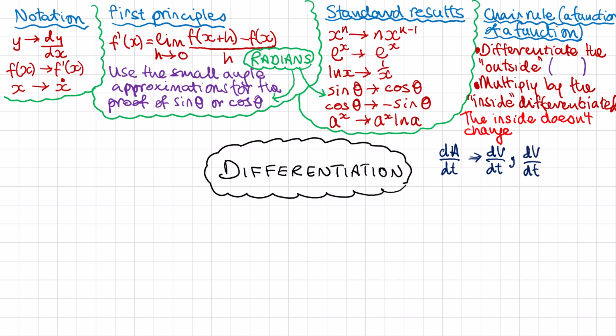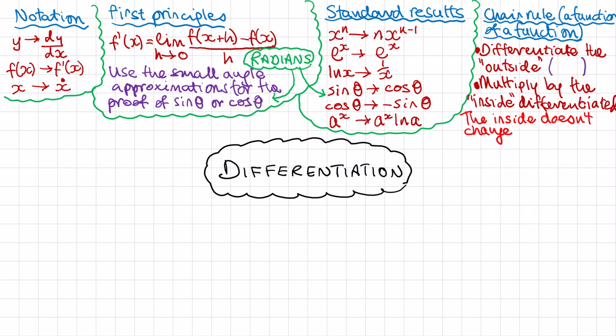So to get dA/dt, I would need to do, and before I do that, I just need to change this t to an A. I would need to do the reciprocal of the first fraction, so dA/dV, and times that by dV/dt, and you can see what will happen is that the dV's will cancel out, leaving me with dA/dt. So this is also the chain rule as well.